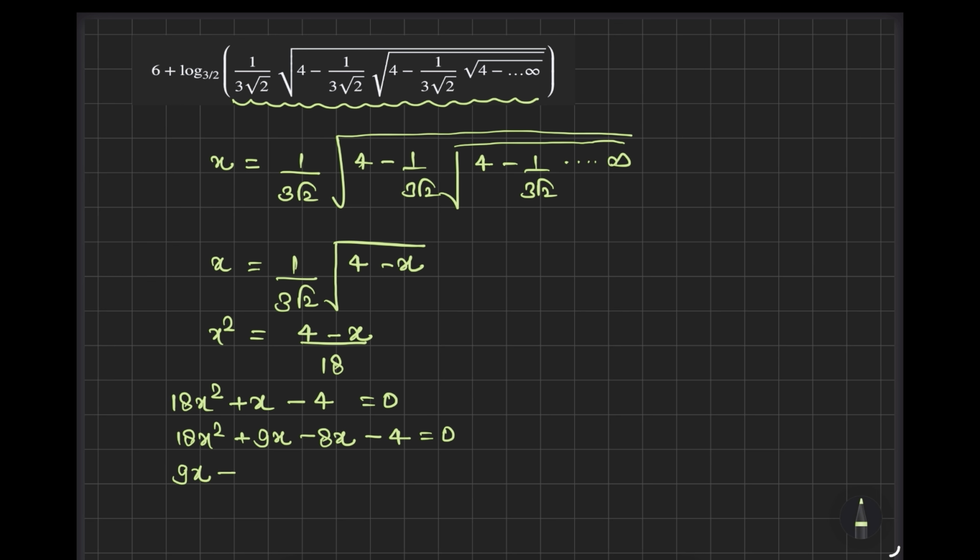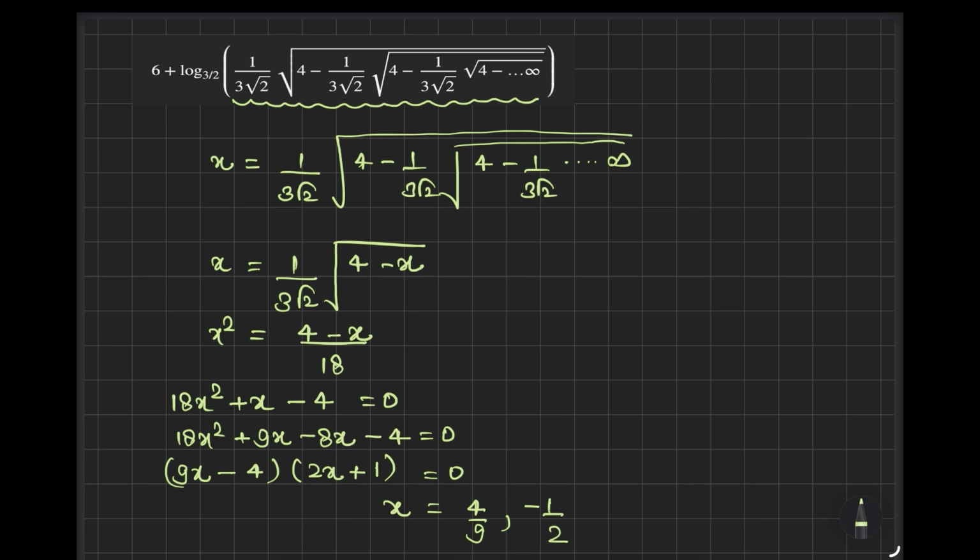So 9x minus 4, and we will have 2x plus 1. So we got this thing as 0. So the value of x becomes 4 by 9 and minus 1 by 2.